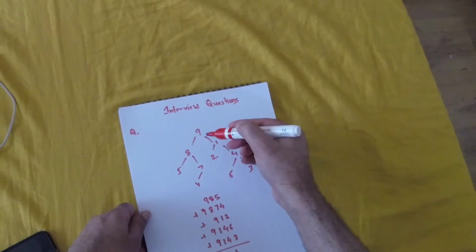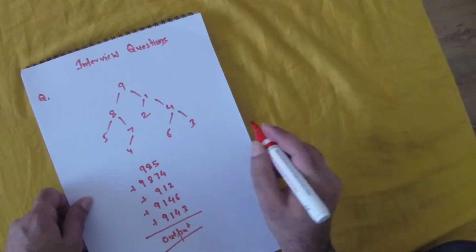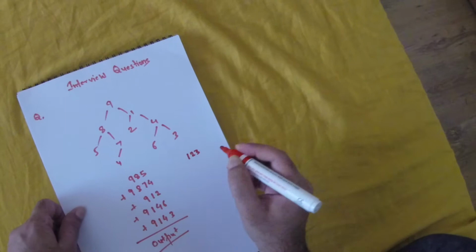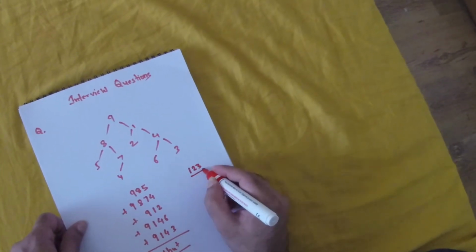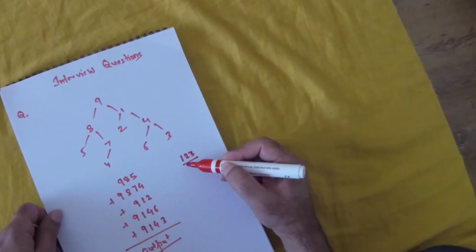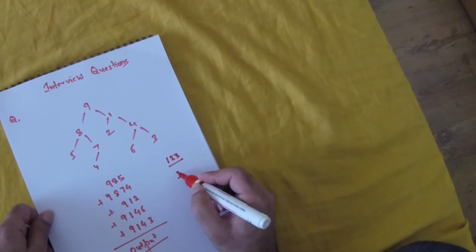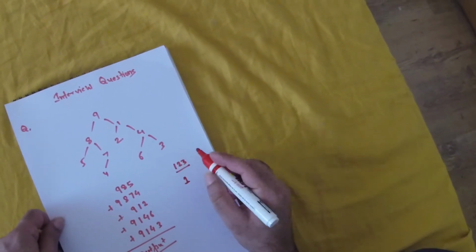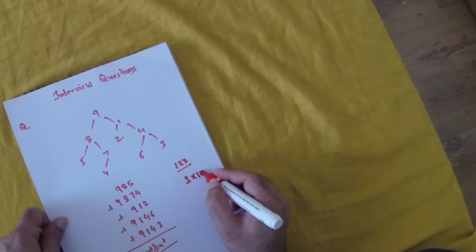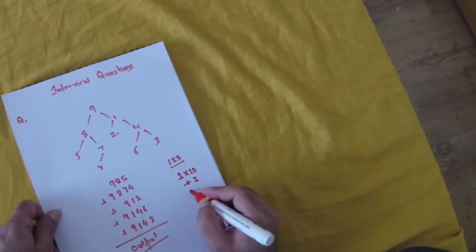How will you go? Let's see how a number is written. For example, take 123. So how is 123 formed? If you read this number from left to right, first is 1. Then when you encounter 2, it becomes 1 into 10 plus 2, which is 12.